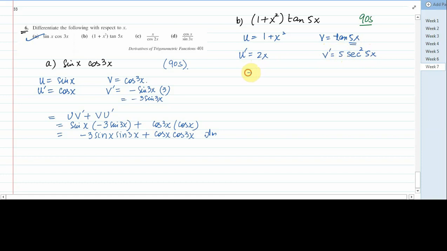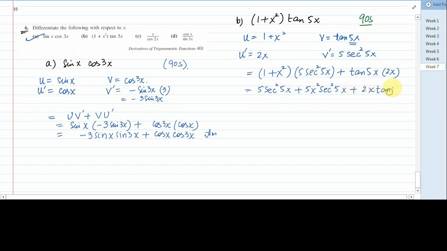Apply the working formula, which says u, that is 1 plus x square, into derivative of v, it's 5 sec square 5x, plus v, that is tan 5x, into derivative of u, it's 2x. So when you multiply these, you will get 5 sec square 5x plus 5x square sec square 5x plus 2x tan 5x. So that is your final answer.